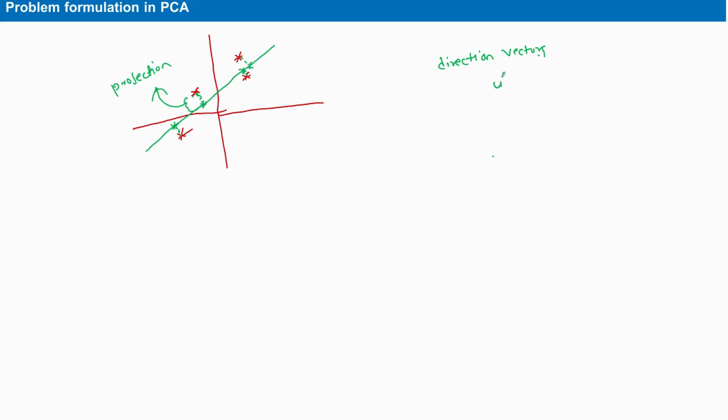If I say u1 it means vector 1, if I say u2 it means vector 2, like that.